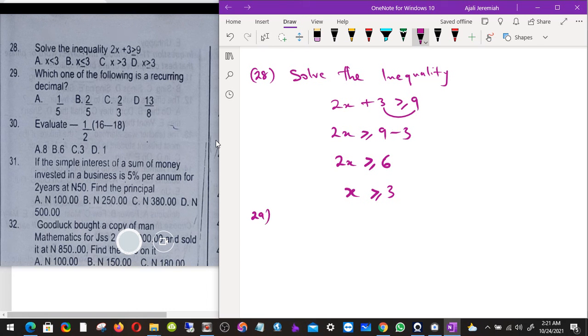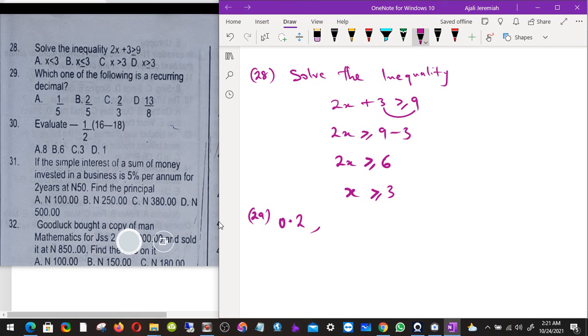Number 29. Which of the following is a recurring decimal? Recurring decimals are those where, when you divide them, the division doesn't end. If you divide 1 over 5, that gives you 0.2.